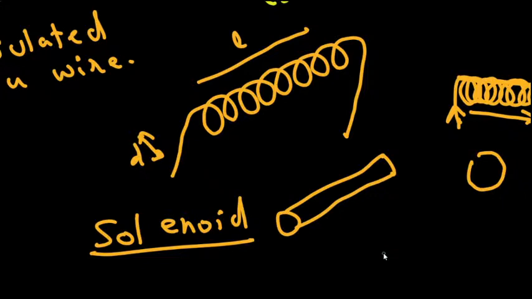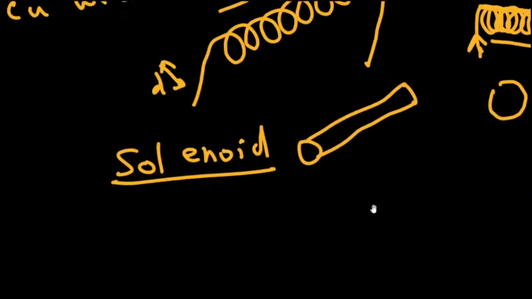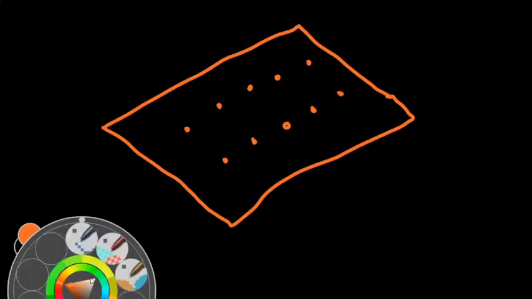Okay, we now go to finding out what the magnetic field pattern looks like. So I again take a cardboard, and this time I make holes in it which are parallel to each other. Now I do the same thing I had done in the previous one.